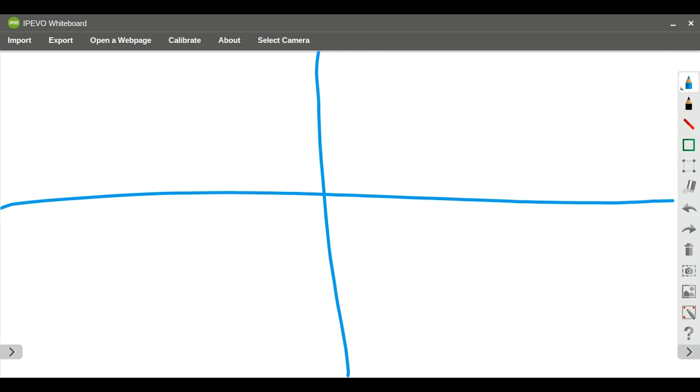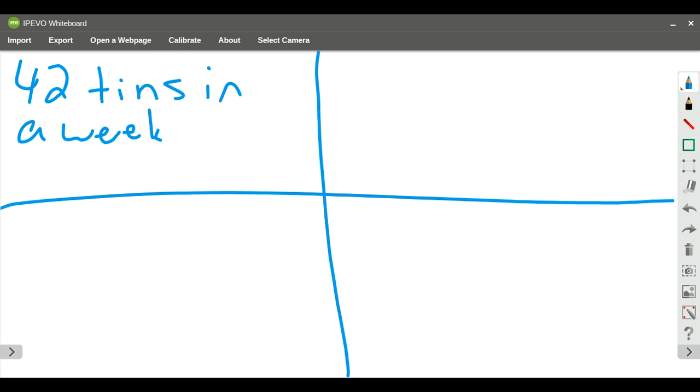They are going to sell 42 tins in a week. So again, I'm starting with what I know. They're going to do 42 tins in a week, and each tin was $9.25 a tin. What do I need to find?